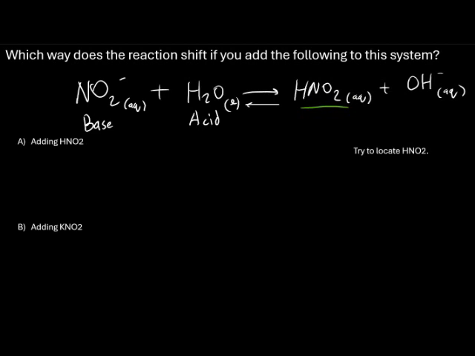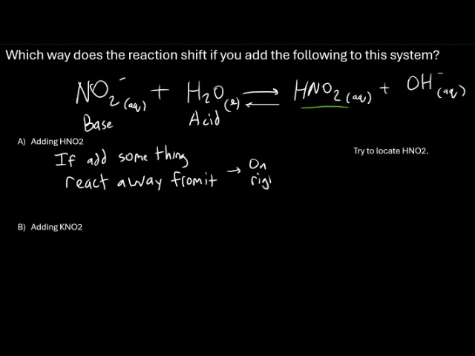And Le Chatelier's principle says if we add something, we react away from what we added. Because HNO2 is on the right, we will react left, because left is away from HNO2. This means we will actually not make product, but get more reactant.